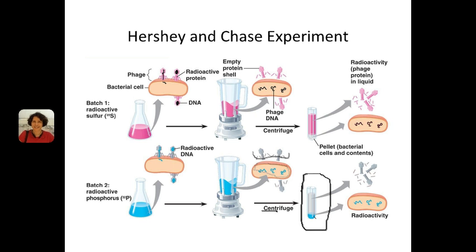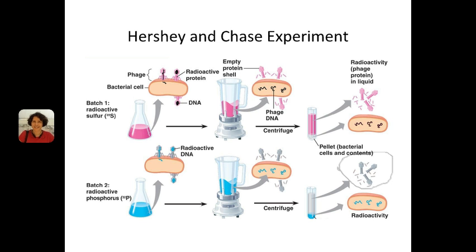Again, we get a pellet at the bottom. The pellet basically contains all the dense material, the big things. And then we have a supernatant with just the liquid and things that are very light in density. The supernatant again contains the protein capsids that were sheared off, but this time there is no label, no radioactivity in the supernatant because the proteins were not labeled in this group.